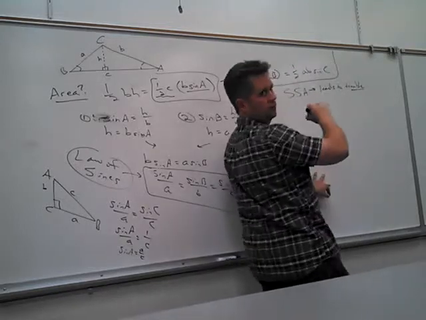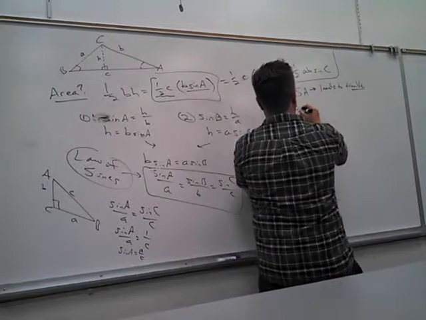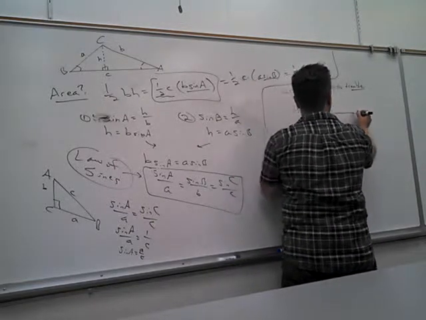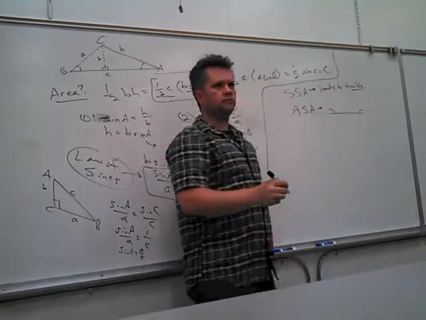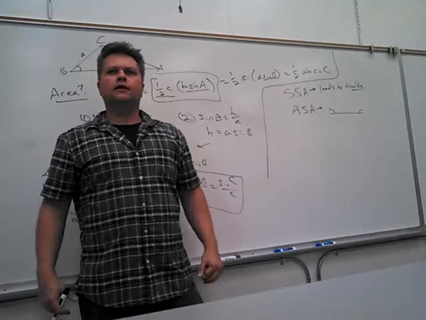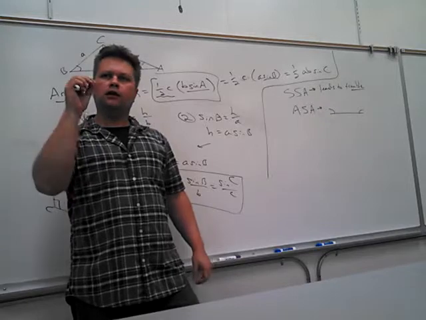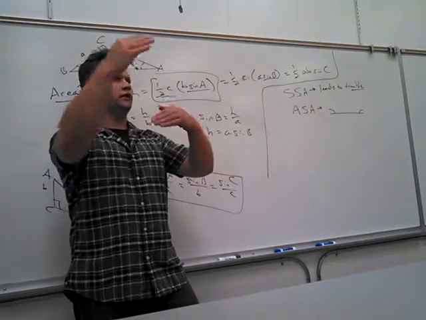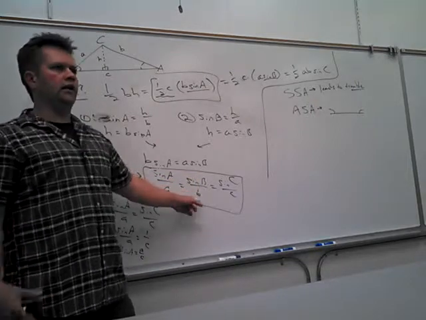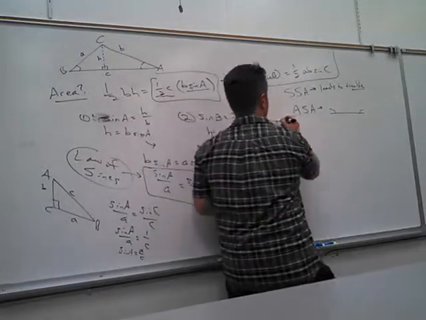And the other one, they give it two different ways of saying it, but I just like to say ASA, angle, side, angle. Those two I can use with law of sines. Would I memorize that? Hell no. I just know that I can only use law of sines if I can create an entire ratio. Because then I can set up another ratio just leaving the part that I don't know as the variable. So let's do a concrete example.